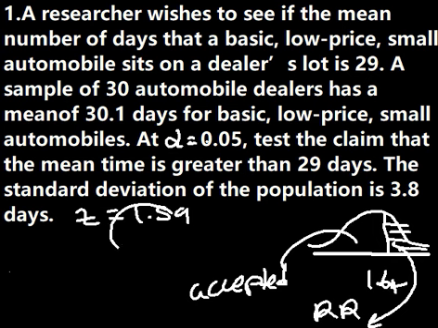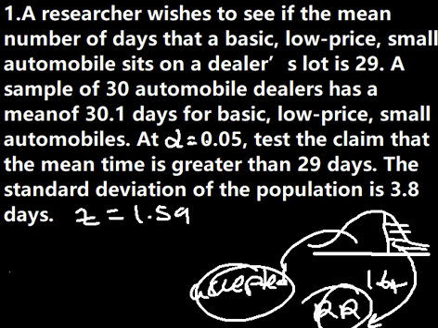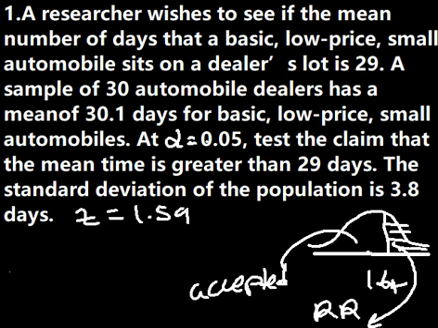Now we have to compare the z value, the test value, with the critical value that we have. Which part, between the acceptance region and the rejection region, is the test value located in? You can see that we have the center, and this is 1.64, up to this point. So the test value, which is 1.59, is located within the acceptance region.